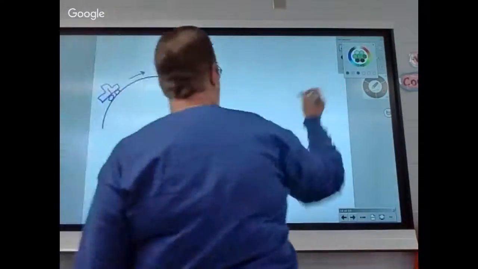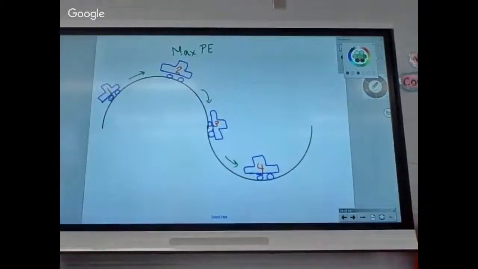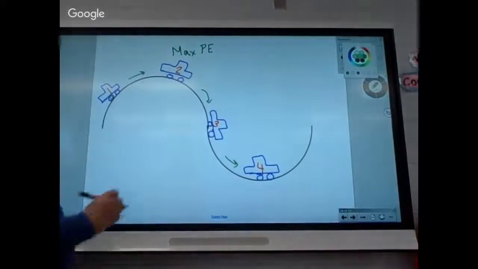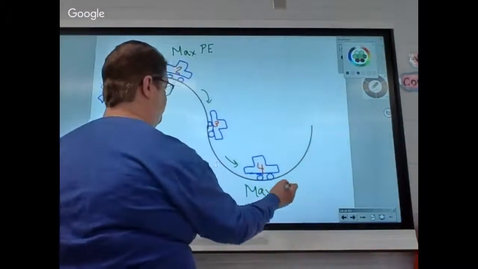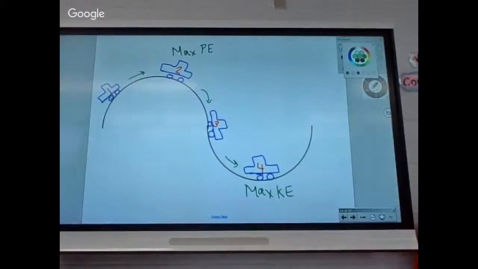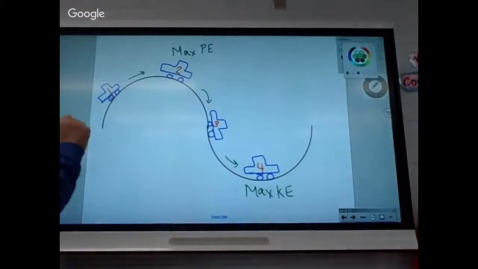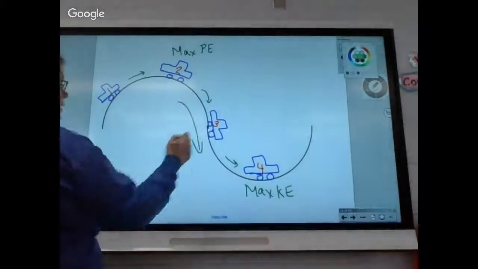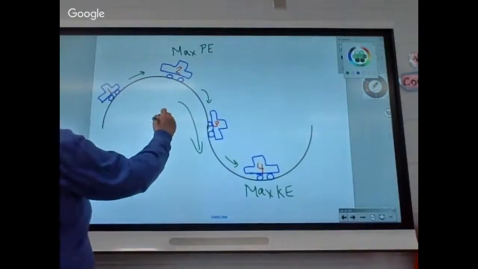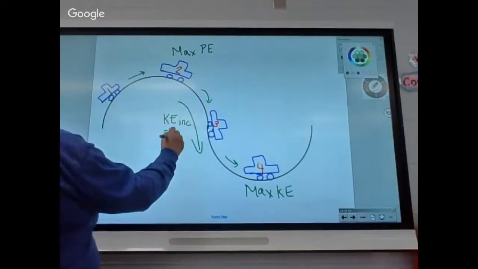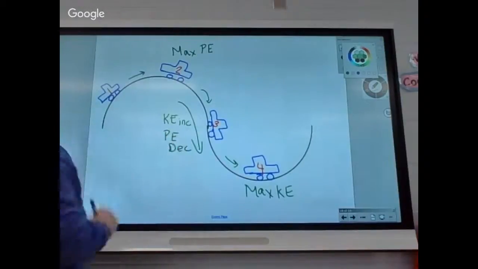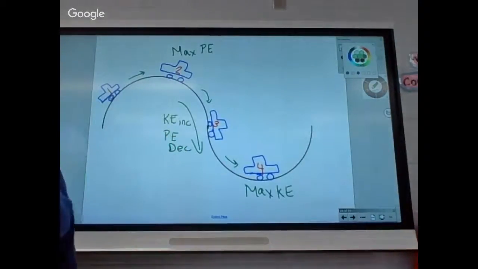Where's the maximum KE? 4. Okay? What's going to happen as I go this way? I hear KE increases and PE decreases. Everybody got it? Or close enough?